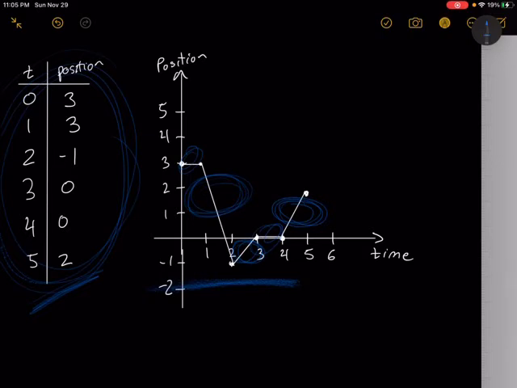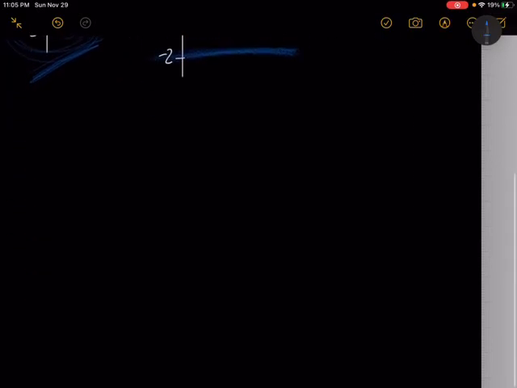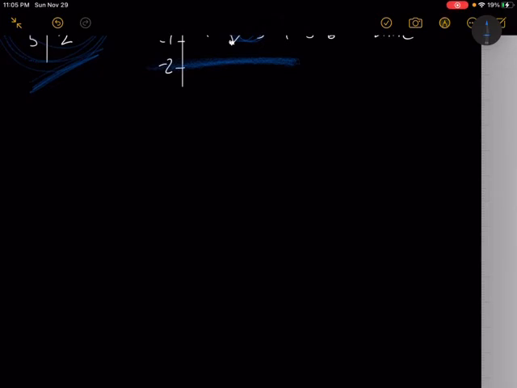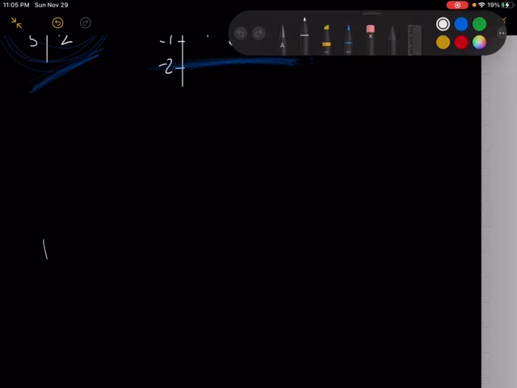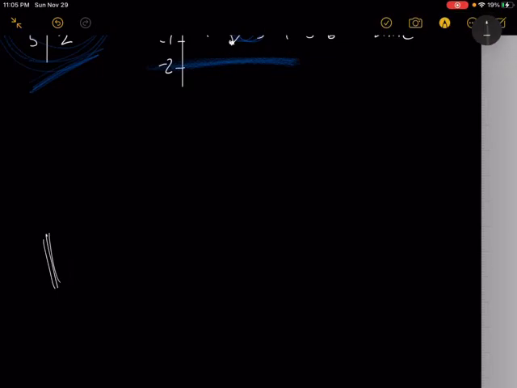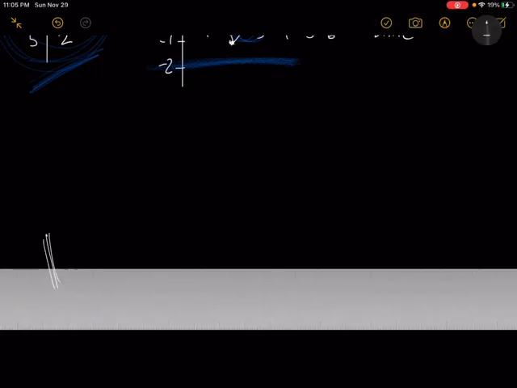And so we can see what that might be like. So what you might do is, let's change the pencil. You might take the floor. So say that's the floor.